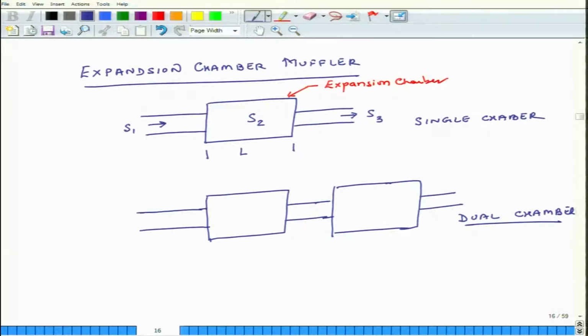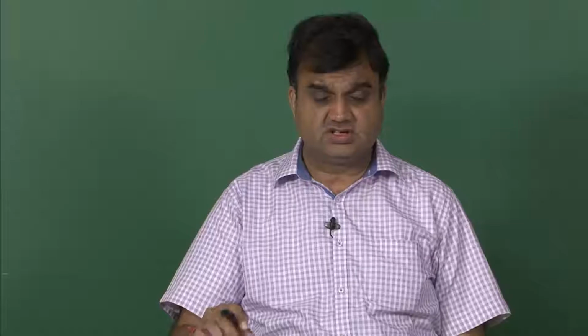So, what we are going to discuss specifically is the single chamber design, and in a lot of automotives this is the type of muffler. In a lot of cars and trucks, this is the type of muffler which is used, of course in modified way, but the basic design looks something like this.